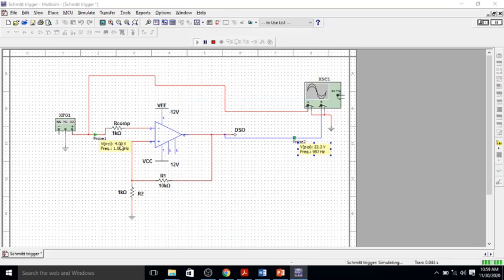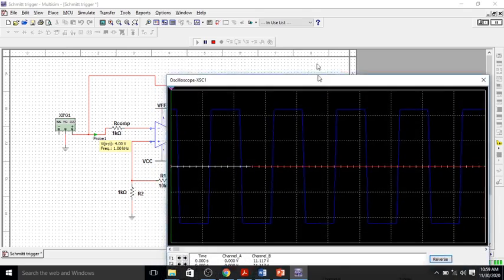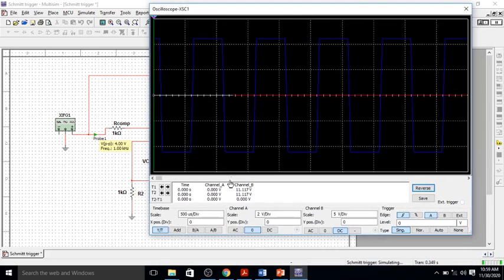So this is how at 4 volt peak to peak, 1 kilohertz frequency we have got 22.2 volt peak to peak, that is positive value of saturation is 11.1 and negative value of saturation will be minus 11.1. If you double click on the oscilloscope, you will observe the input as well as output waveform. Input waveform is sine wave and output waveform is a square wave.